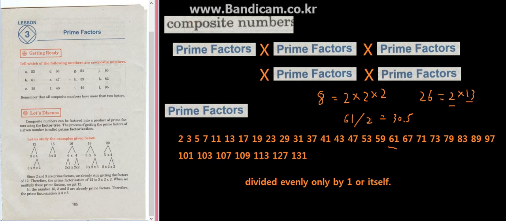If you divide it by 3, it would be 20.333, and by 7, it would be 8.7. You know the drill. So this was the definition of a prime number. Knowing this, let's go to Getting Ready.